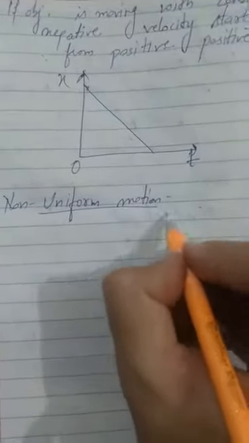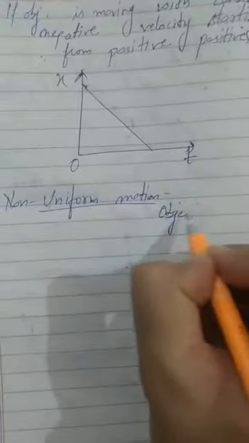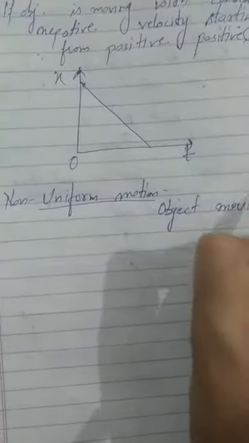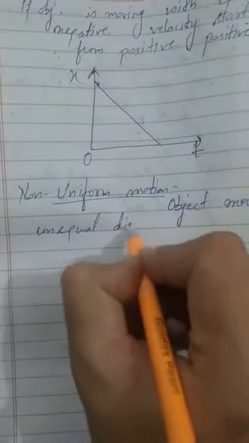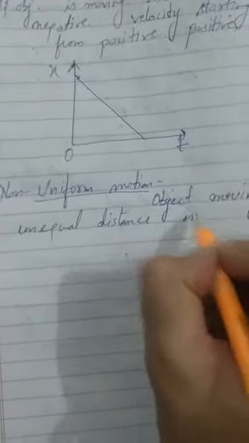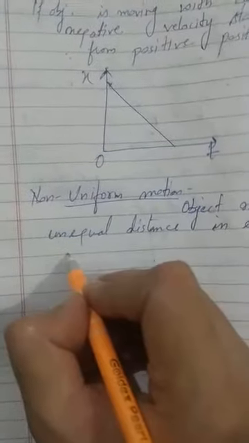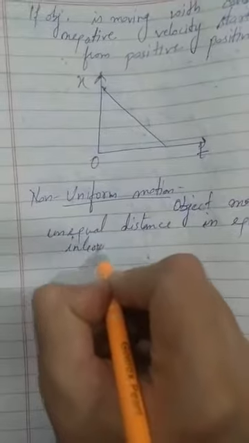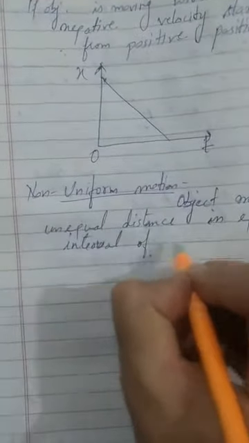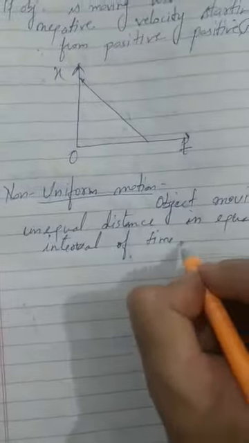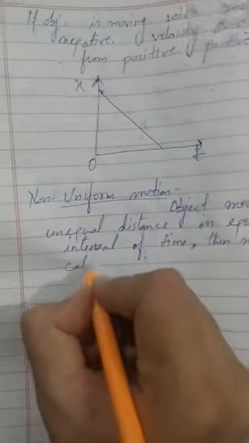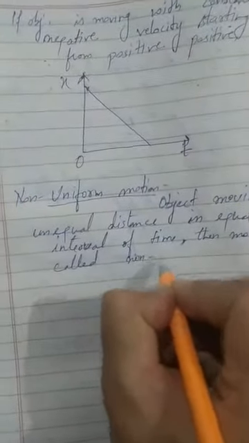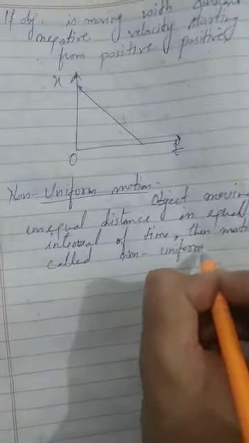Now next our non-uniform motion. If an object moves unequal distance in equal intervals of time, then the motion is called non-uniform.